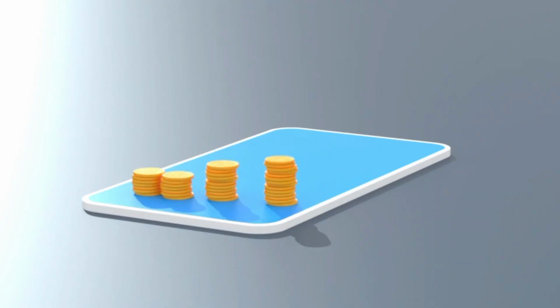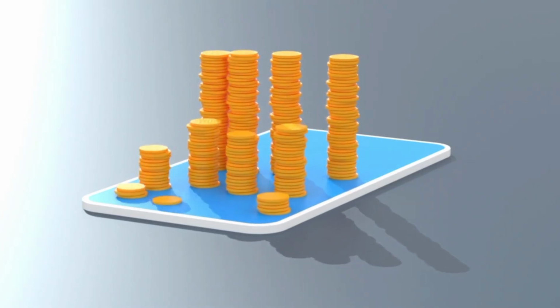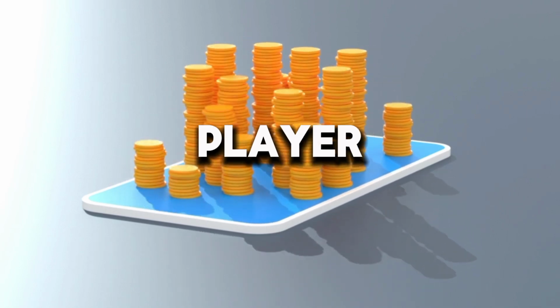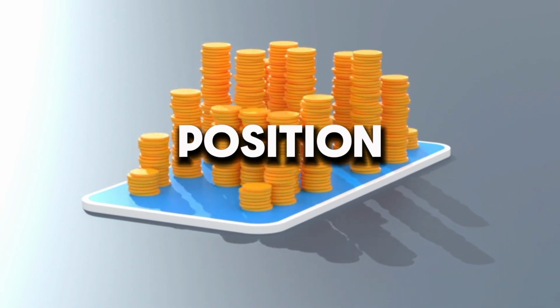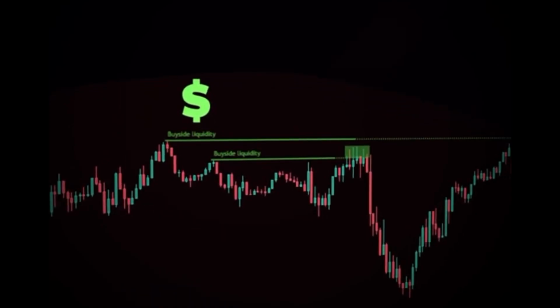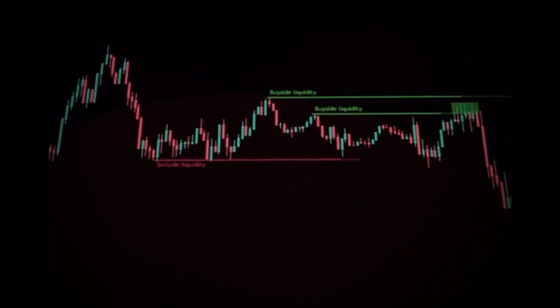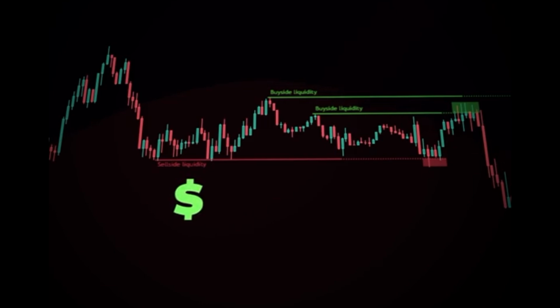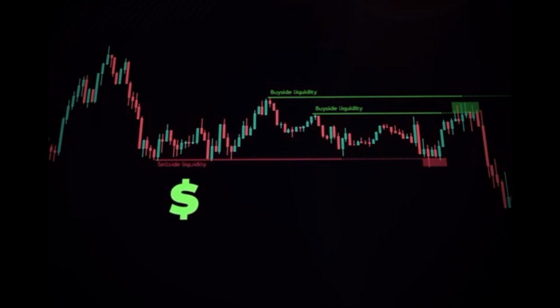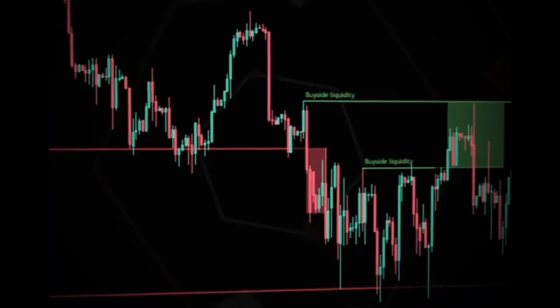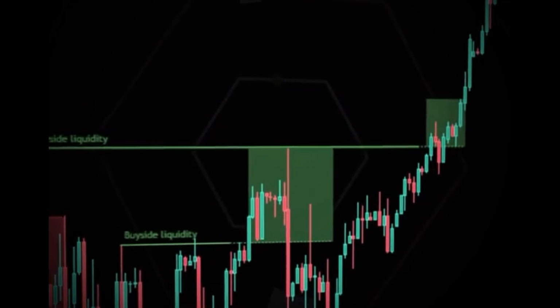It is, in part, the sheer amount of stops at key levels that allow a larger player to fully realize their position. Once the level at which many stops are placed has been traded through, it's often that the price will reverse course and head in the opposite direction, seeking liquidity at the opposite extreme. That's all about buy-side and sell-side liquidity.